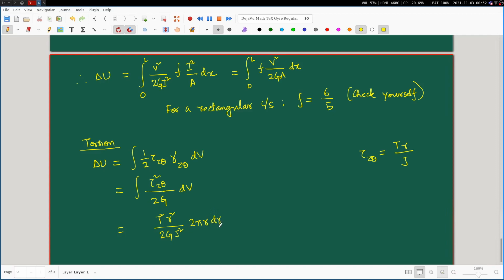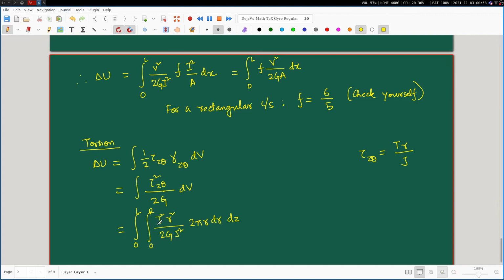So twice pi r dr takes care of the elemental area, and that multiplied with the axial direction element, dz, will give me the entire contribution to the volume. So this is 0 to L for the integration with respect to dz, and then we have 0 to R, that integration is with respect to r.